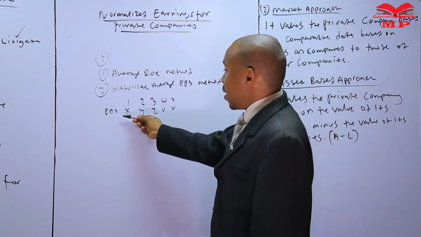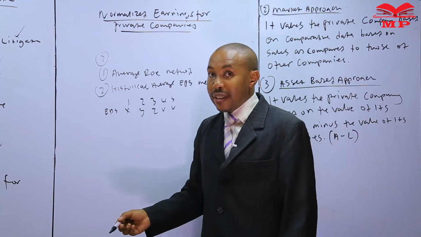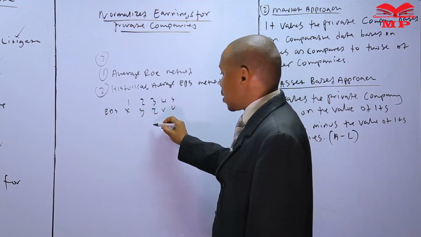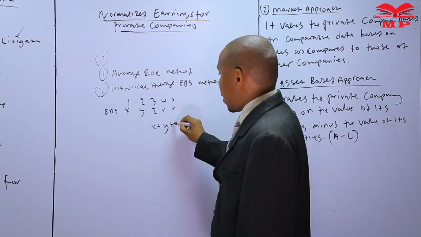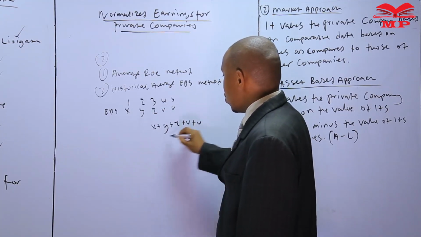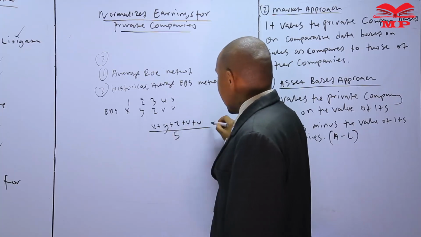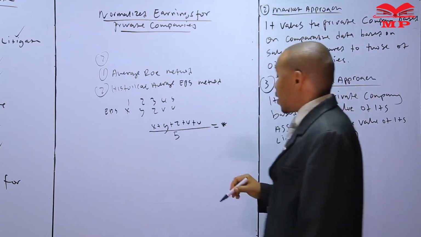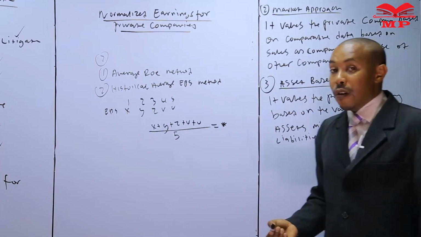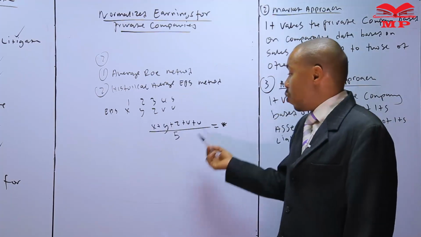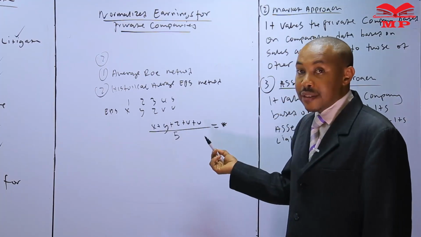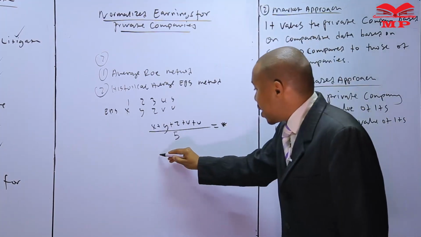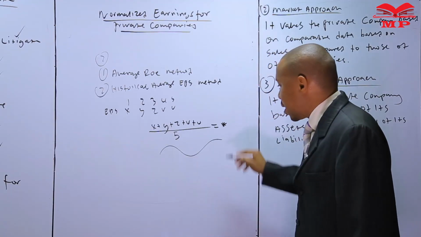To normalize the earnings, you just get X plus Y plus Z plus V plus U, and we divide by 5, and the answer we get is the estimate of the EPS. We have normalized the earnings, trying to adjust for cyclicality, that's what we said we do.